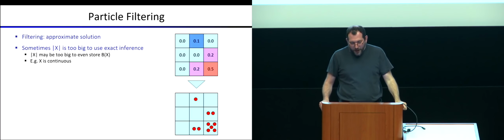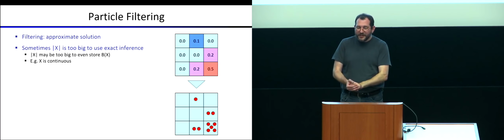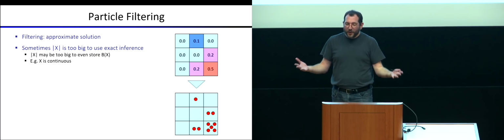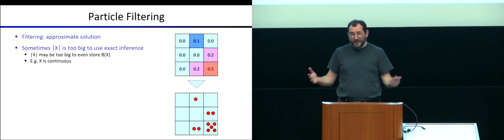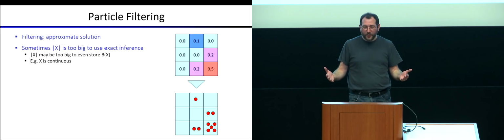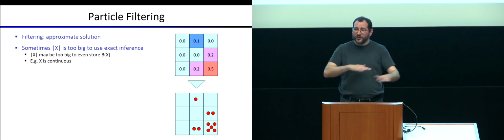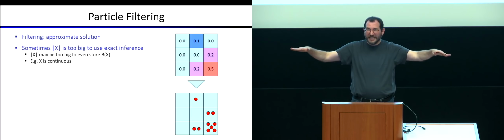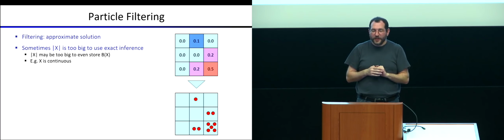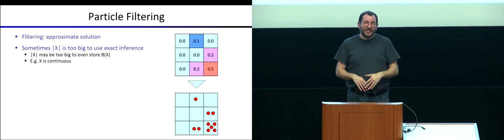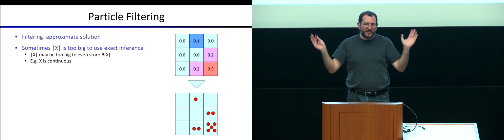Okay. There are a couple reasons why you might want to do particle filtering. One is this event space X of robot positions might be too big to use exact inference. It might just be really big and you don't want to store it, or it might be slow to work with. Or X might be continuous. If I want to track robot positions in the real world, I can't enumerate all the pairs or triples of real numbers, right? But I can say, all right, I'm willing to have 600,000 samples.